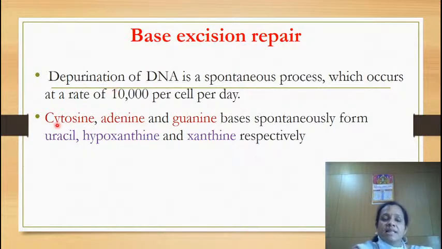Cytosine, adenine and guanine bases are spontaneously converted to form uracil, hypoxanthine and xanthine respectively. So cytosine will get converted to uracil, adenine to hypoxanthine, guanine to xanthine. This phenomenon is called depurination.